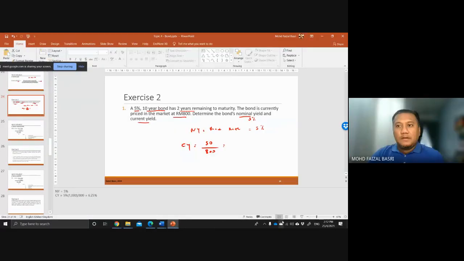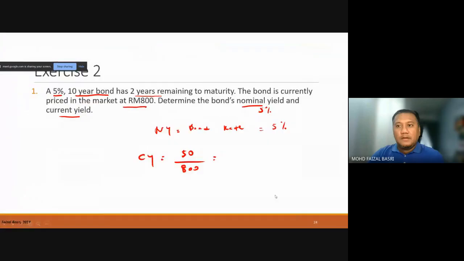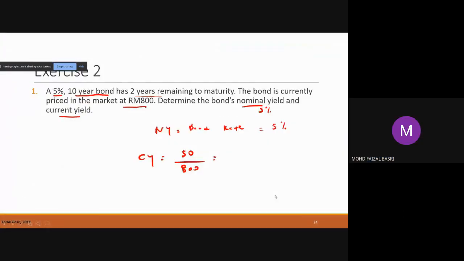Okay, sorry about that. So ni tadi macam mana? Current yield 50 by 800. So you have here around 6.25%. Okay, so what I can conclude here, whenever the price of the bond goes below 1,000 ringgit, or below the par value, our current yield will be more than the nominal yield.